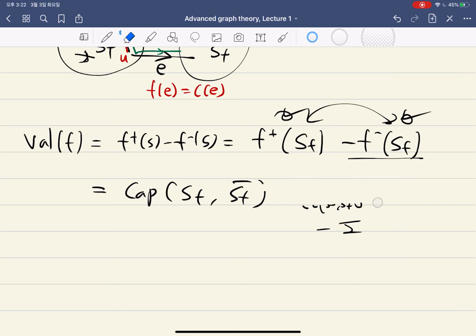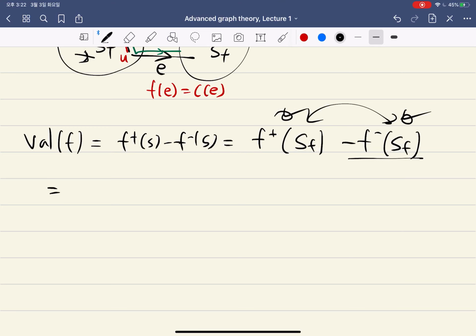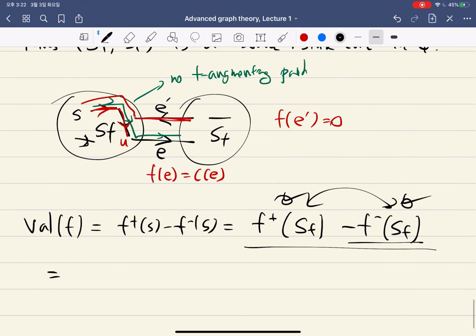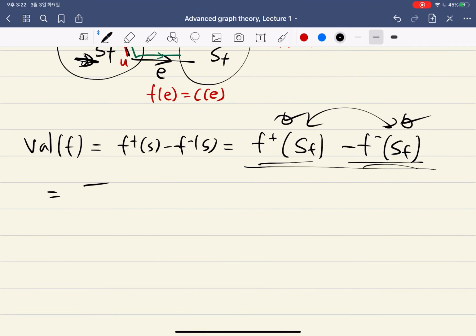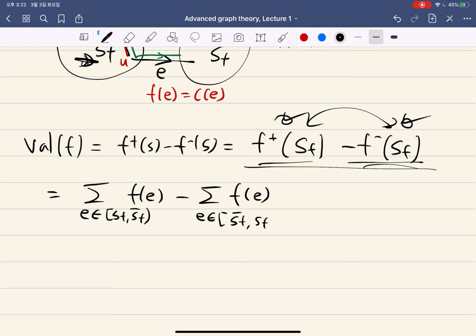Let me write it in 2 steps to make it more clear. Because all the edges inside of S are cancelled in this term, this is actually the same as adding all f(e) for e from S_F to its complement, minus f(e) for e from its complement to S_F.